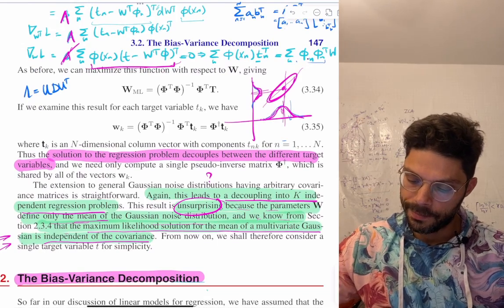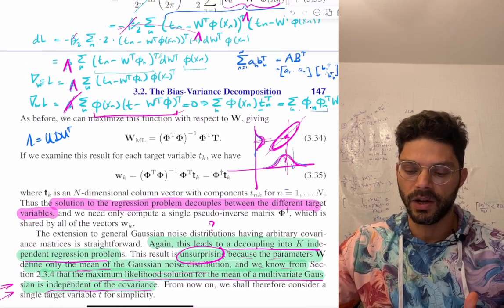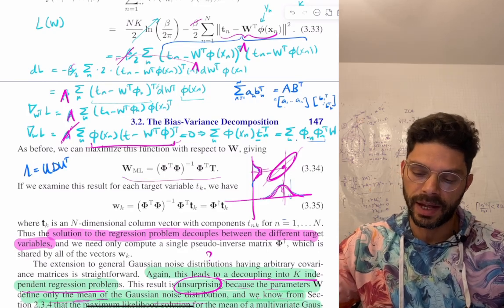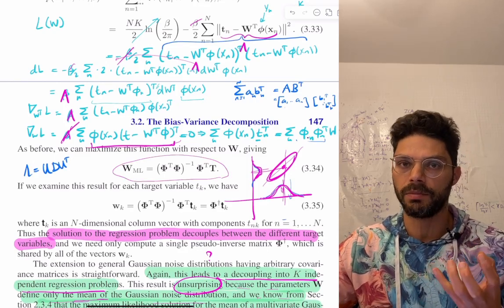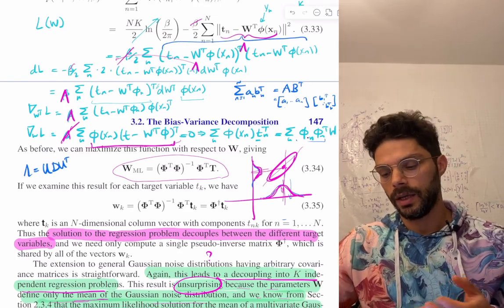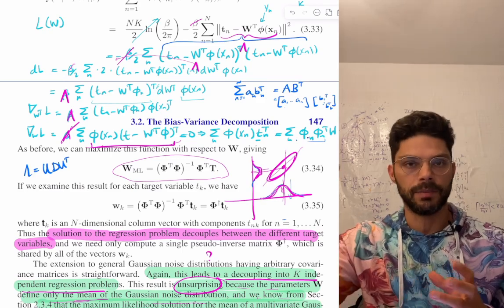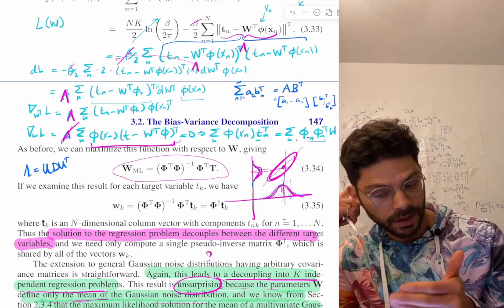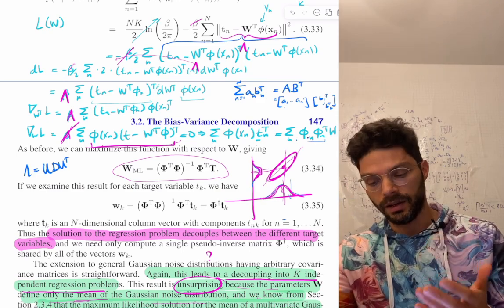So that's kind of what he's saying here: you might think that this calculation, which we were doing for the covariance being spherical, is going to get way more complicated if our covariance becomes a funny shape. But it turns out that because of this nice property of the Gaussian, it doesn't.